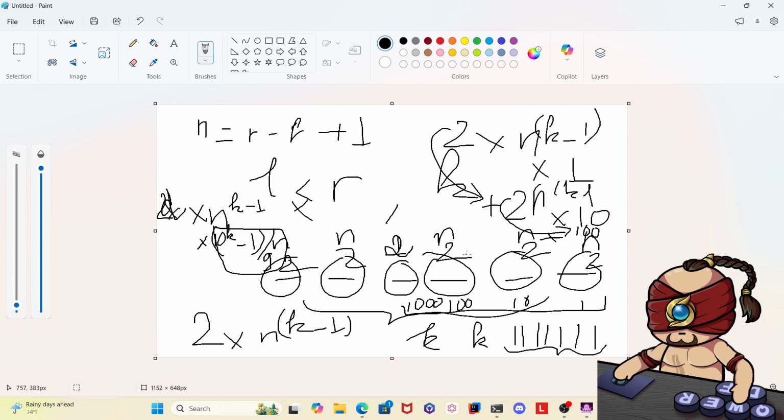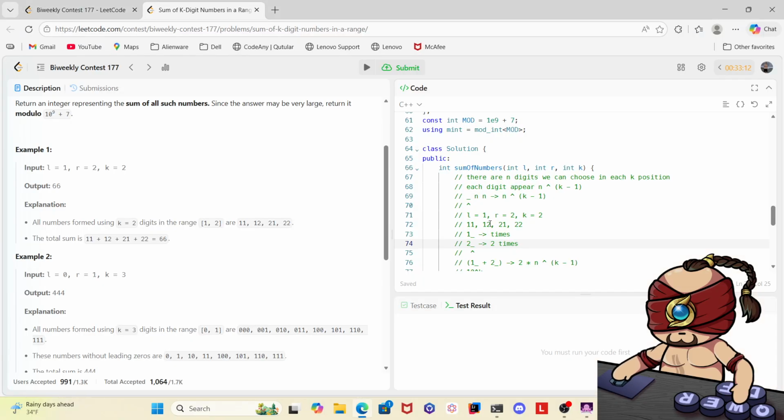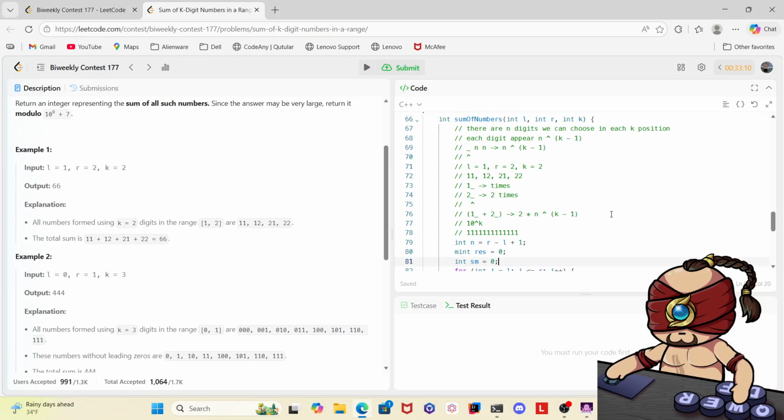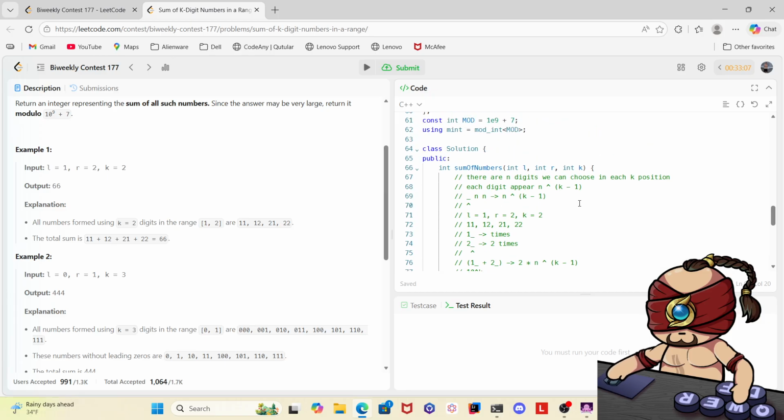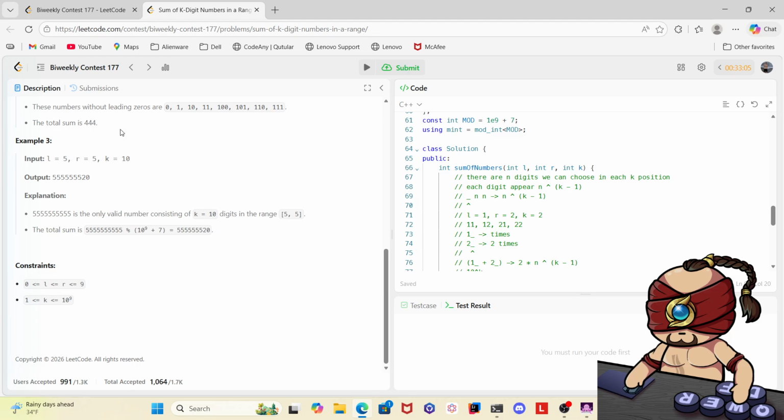And that's just for one digit, right? How about 3, 4, 5? So that's easy. You just go from L plus 1 up to R, and you plug it in right here as the sum, and that is technically the formula. Pretty okay. It's pretty interesting, but I wouldn't say it's easy.